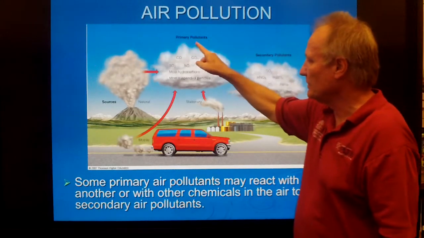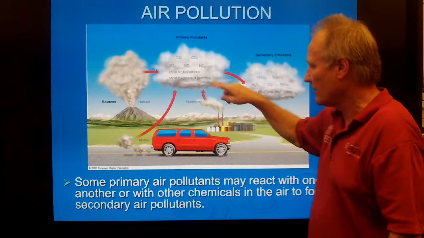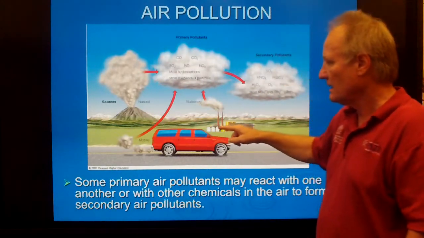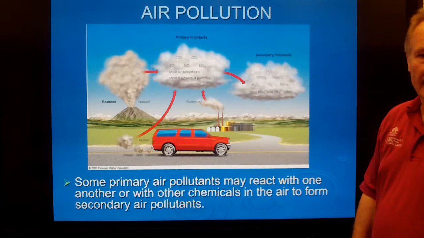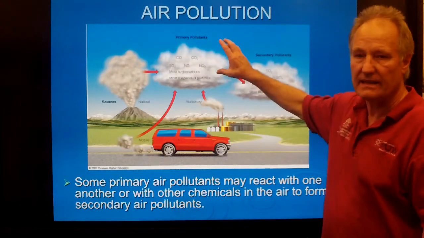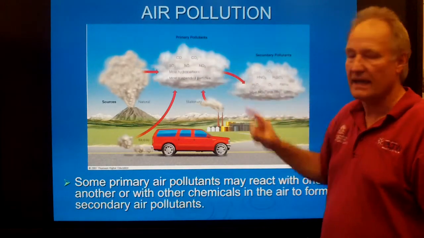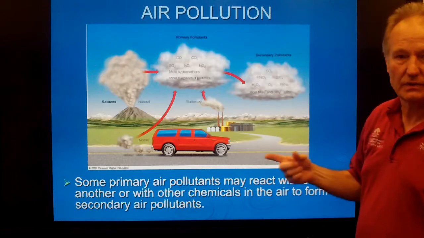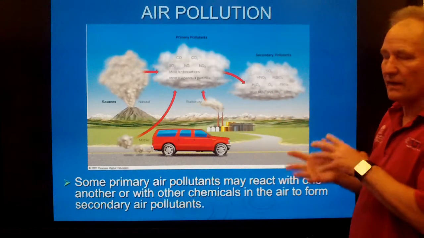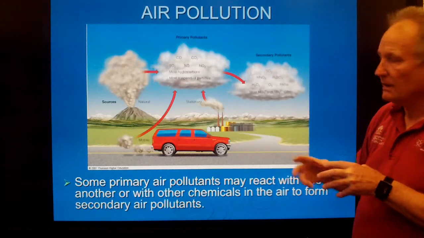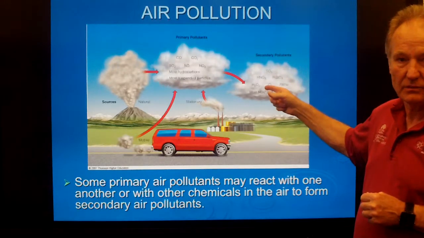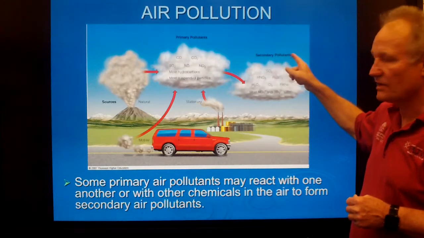So primary pollutants are these initial things that come out of tailpipes and out of volcanoes and out of factories. Once they get into the atmosphere, they don't stay as SO2 or NO2. They mix with hydrogen and water, and form acids, which becomes a real problem. And so these are secondary pollutants.